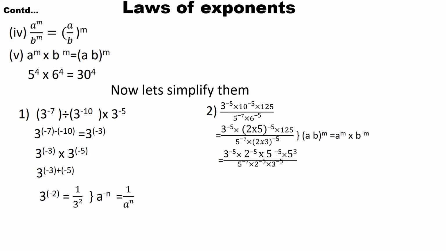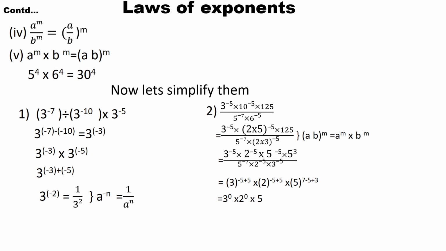But 125 means we made it into a power form, that is 5^3, by 5^(-7) into 2^(-5) into 3^(-5). Now 3^(-5+5) into 2^(-5+5) into 5^(7-5+3). Now we have simplified them further.